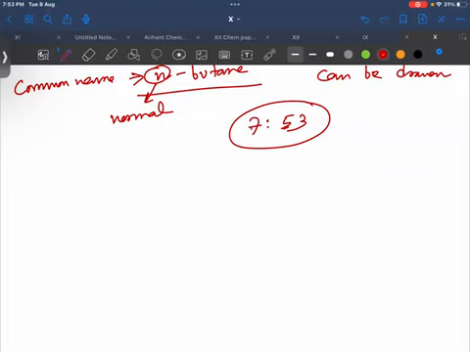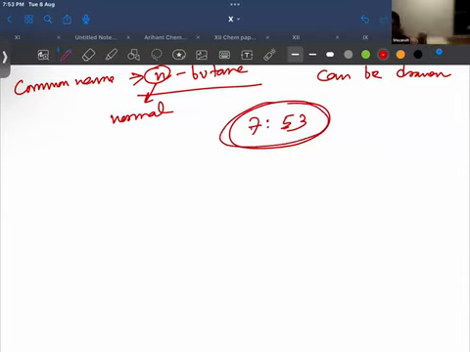When were we supposed to send it? You're supposed to send it by 7:53. So can you extend it to 7:55, please? When did I say 7:55? No, so can you extend it to 7:55?